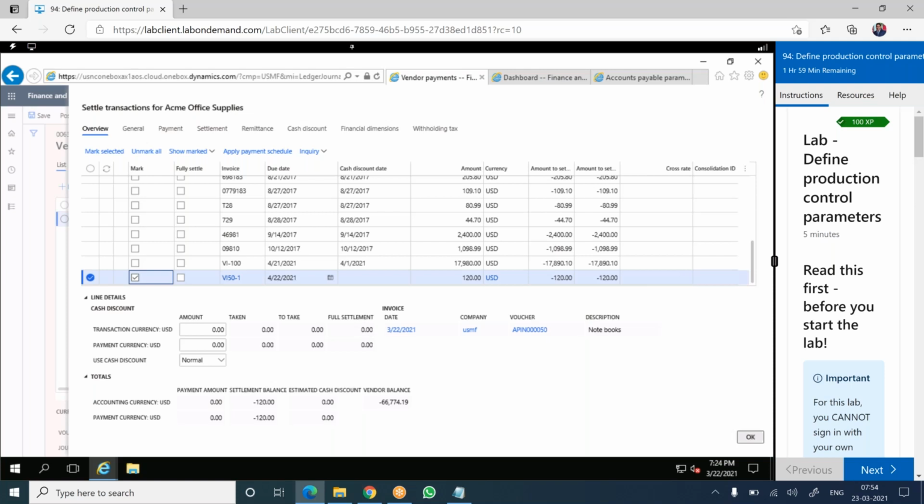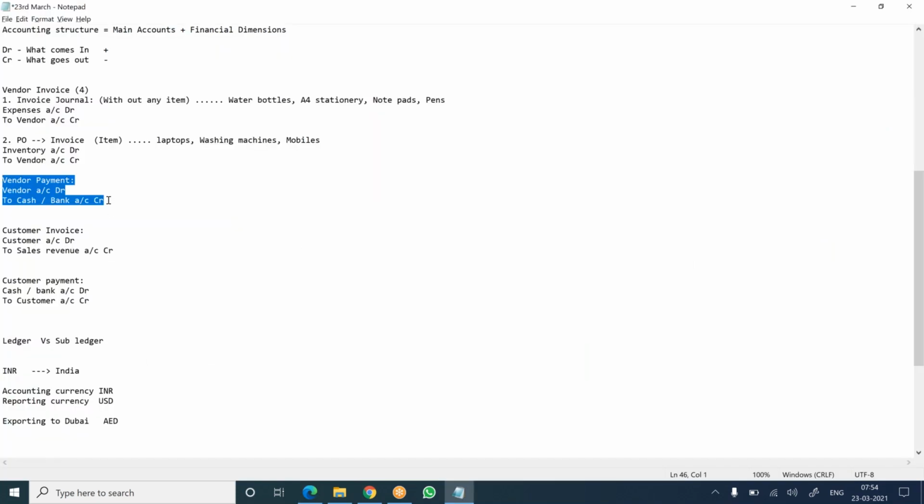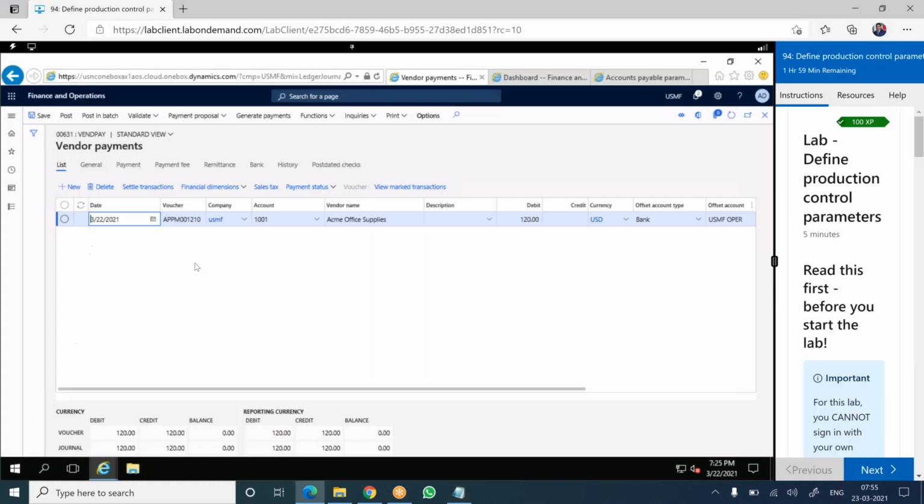Click OK. Then that amount comes as debit. While doing vendor payment, our cash or bank will be decreased: vendor account debit and cash or bank credit.